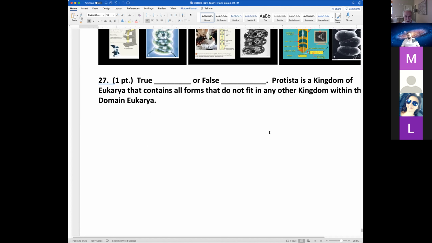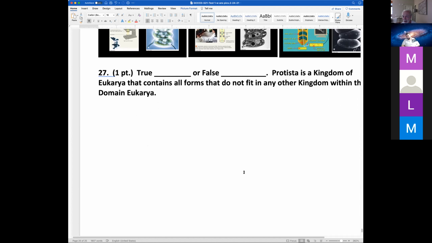True or false, Protista is a kingdom of eukarya that contains all forms of life that don't fit in any other kingdom. Is that true or false? True. Who said that? Marcus Carebrook. Okay.